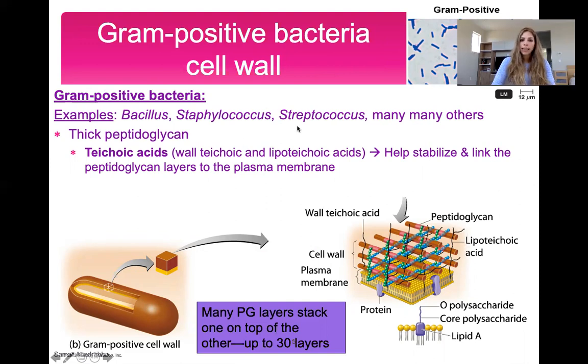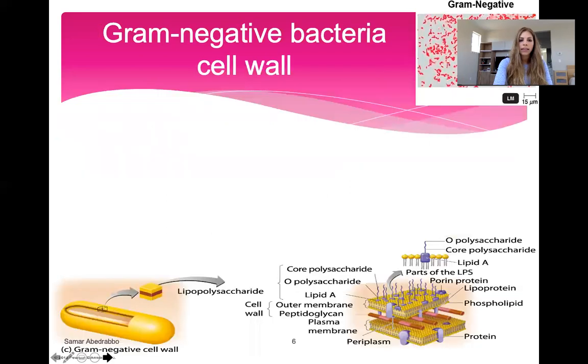I'm just mentioning it here because I think it's important for you guys to have an idea of what we classify, why we do this classification. And then again, gram-positive bacteria have a thick cell wall, and cell walls are made up of peptidoglycan. So when we look at gram-positive bacteria, they have a lot of layers of this peptidoglycan. So that's gram-positive bacteria, and they stain purple when we do the Gram stain.